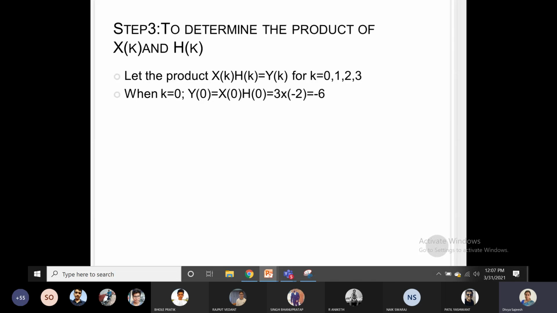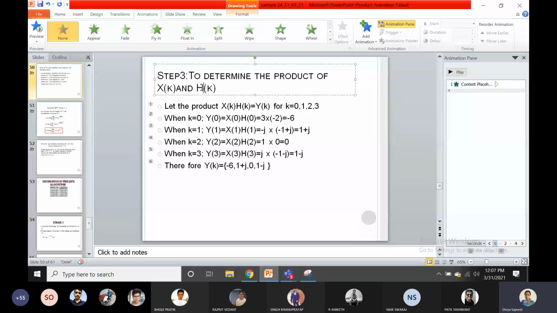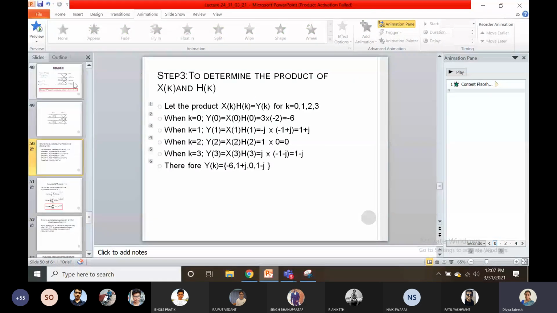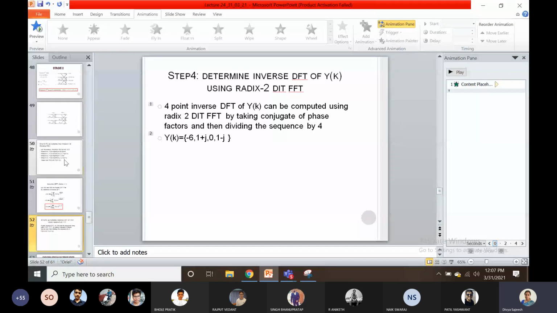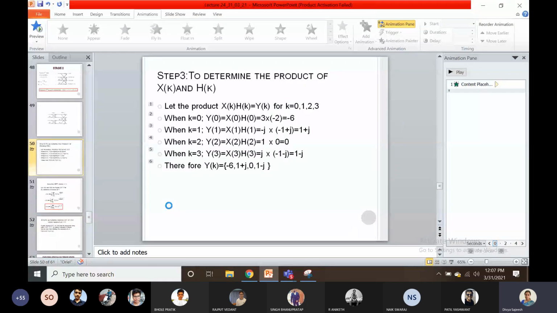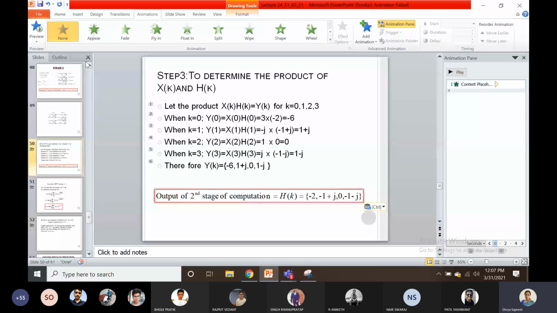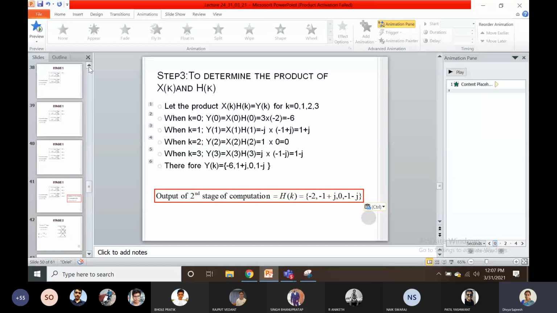When k is equal to 0, y of 0 will be equal to x of 0 into h of 0. That means you need to take these terms, that is h of k, and x of k also.